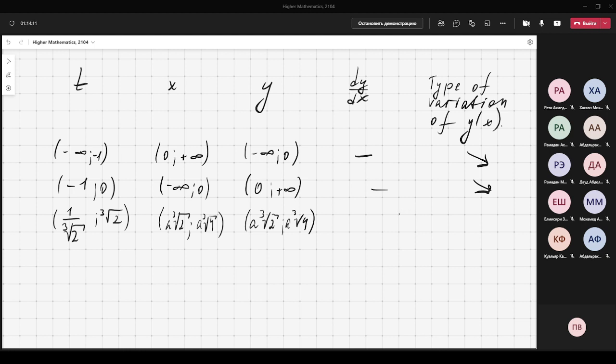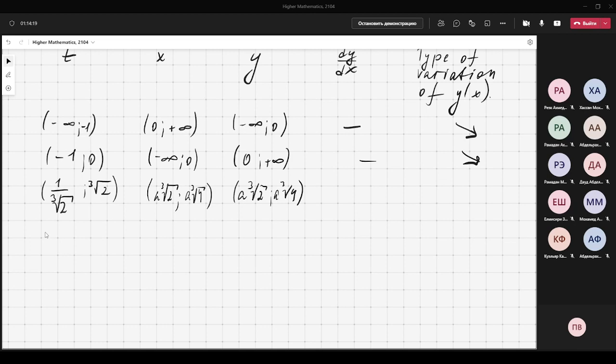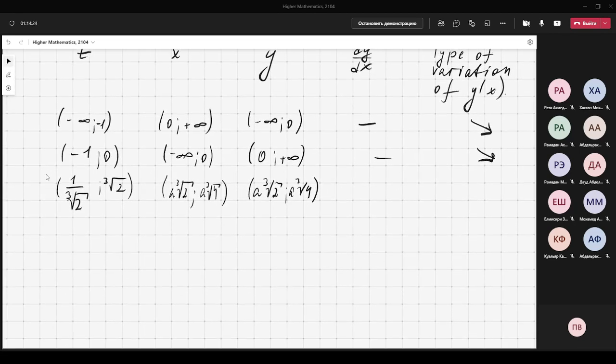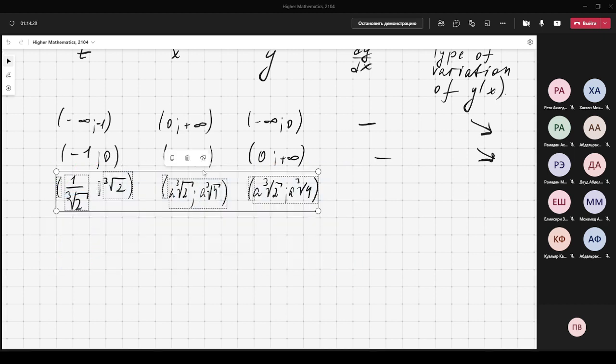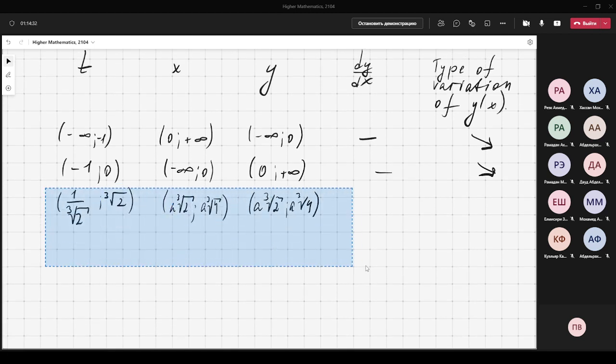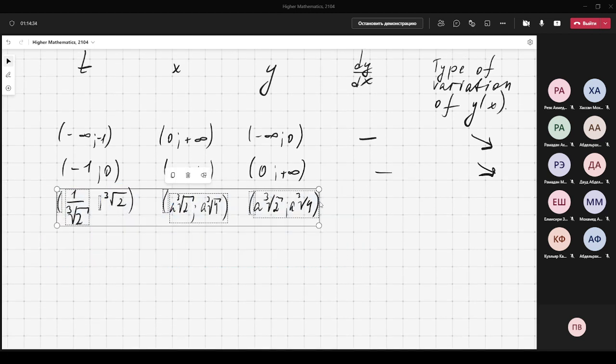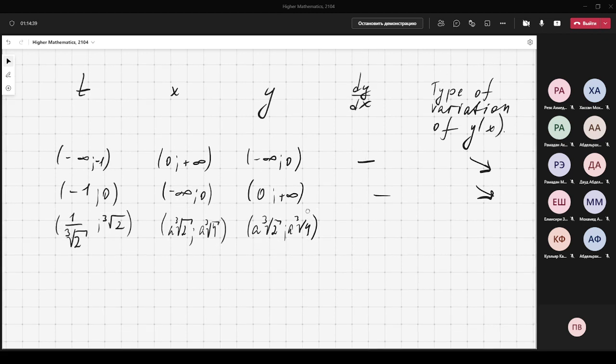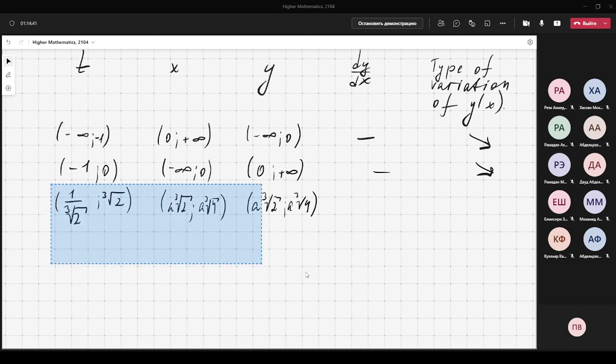Oh, I forgot, from 0 to 1 over cube root of 2. Sorry.